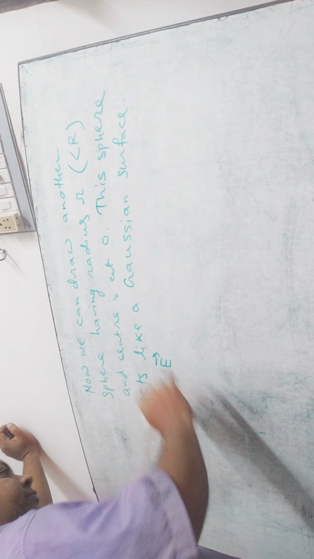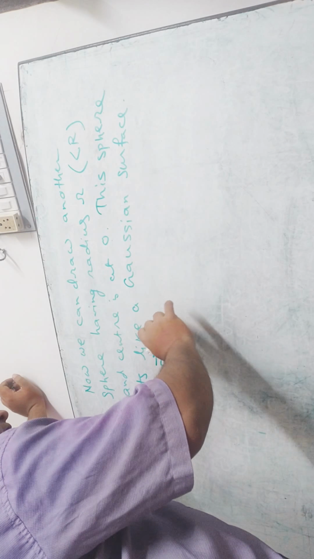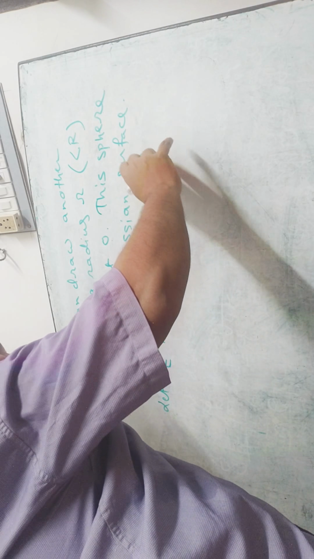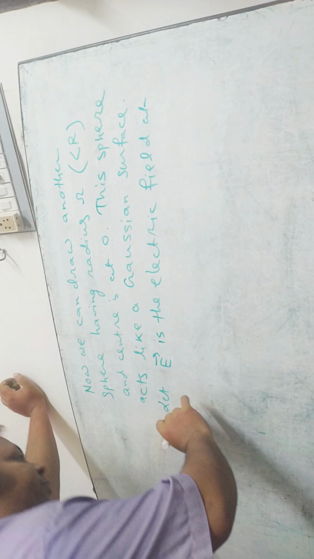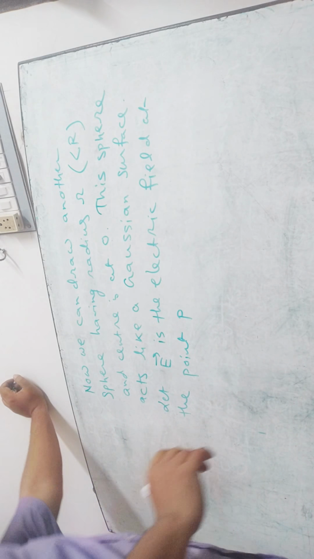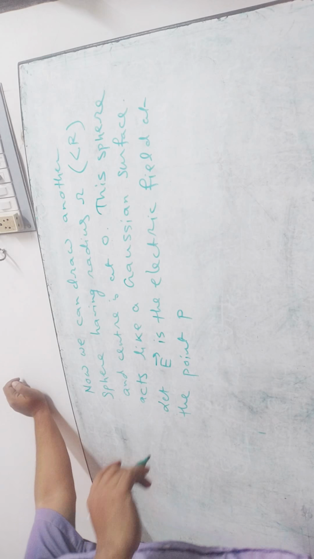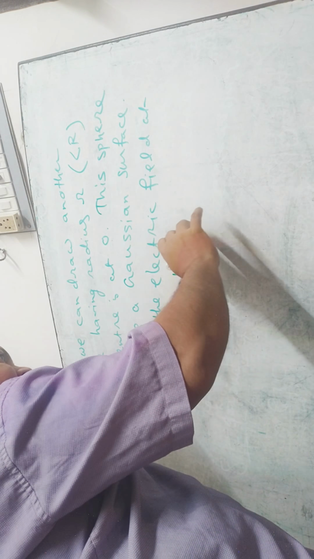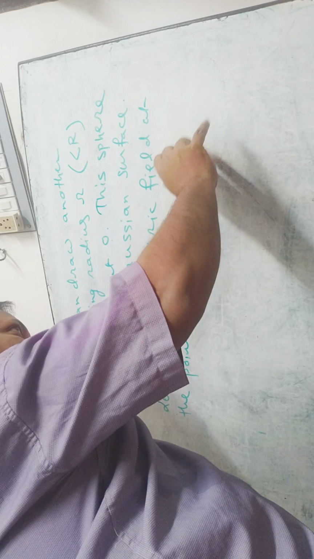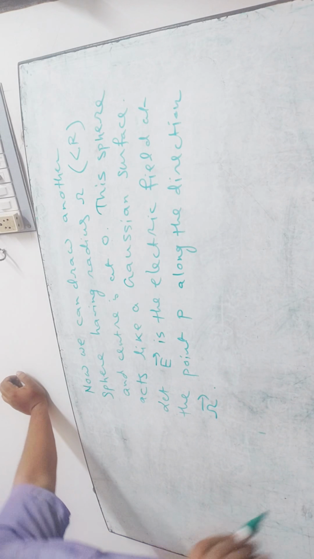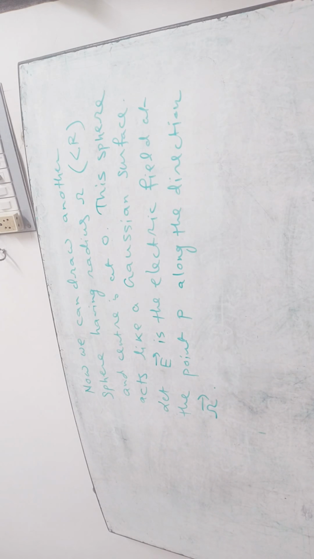Let capital E be the electric field at the point P along the direction of r vector.